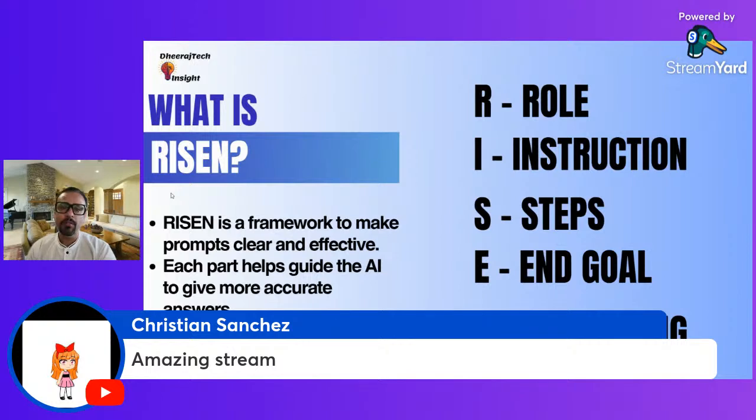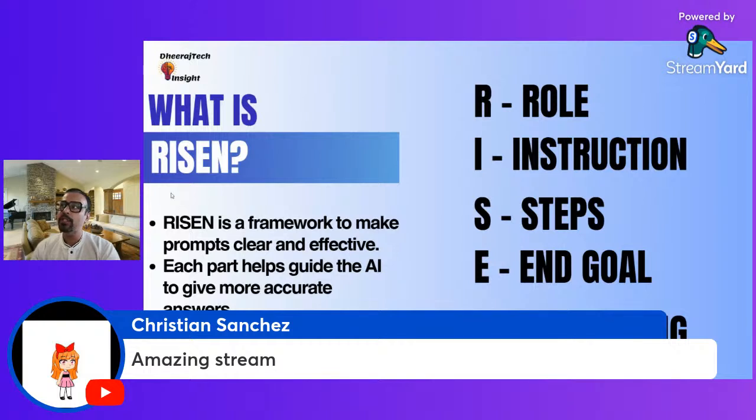Ryzen stands for role, instructions, steps, end goal, and narrowing. In this framework, we made the prompt more clear and more effective by adding these steps into it. Each part of this prompt represents a guide that helps AI give you more accurate responses, and it is ideal for beginners to get the most out of AI.